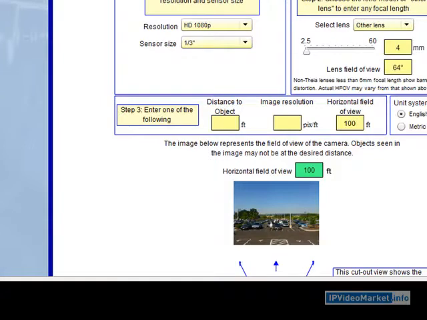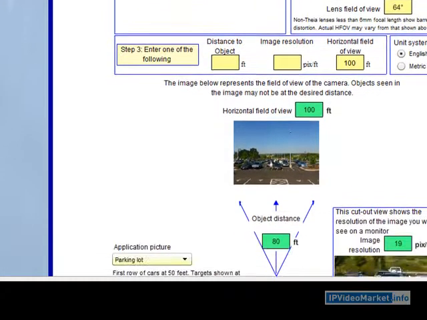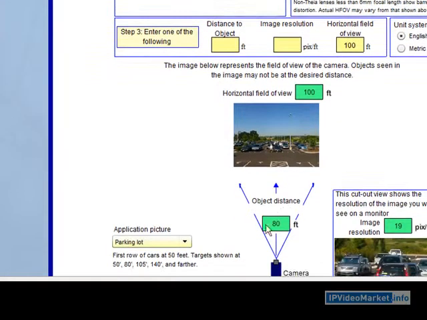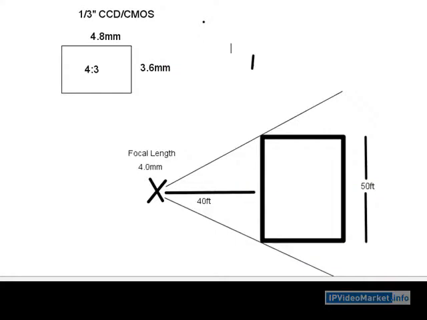You'll notice after I plugged in those values, it's now showing an output of 80 feet for object distance. So that was fairly simple.